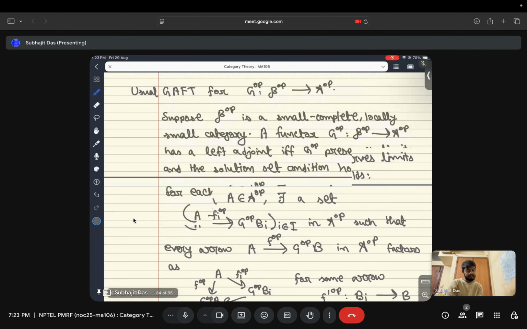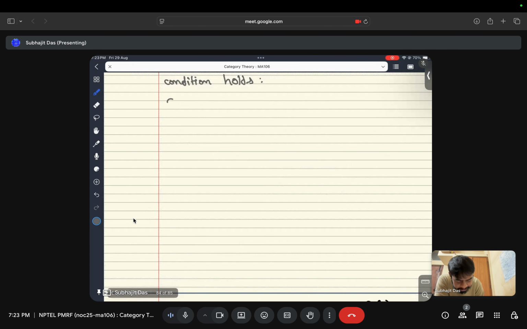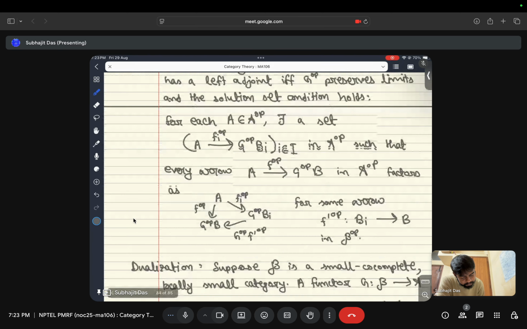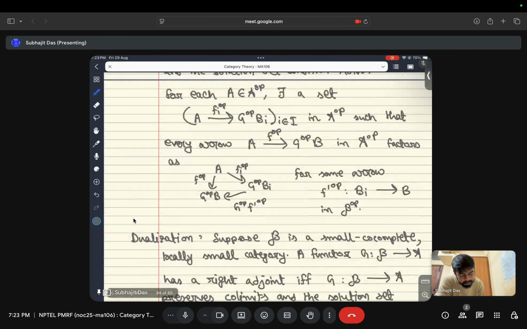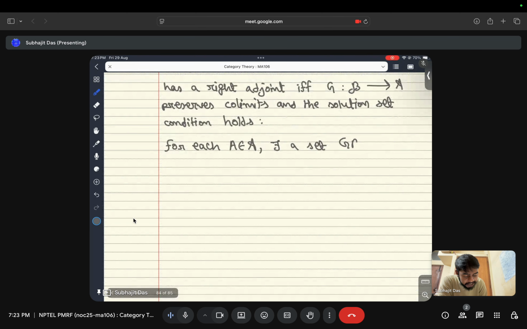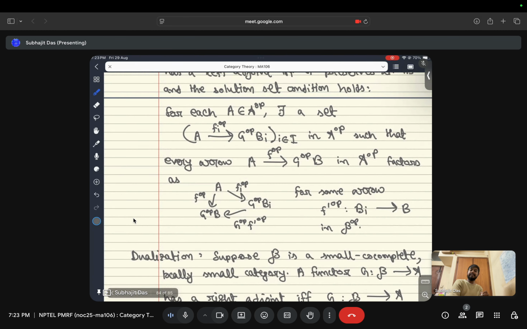Which is exactly this, that for each object A in A, there should exist a set G of Bi to A, Fi, i in I. Right? Note what happens. So Fi op is an arrow from A to G op of Bi in A op, which means that Fi is an arrow from GBi to A in A, right?